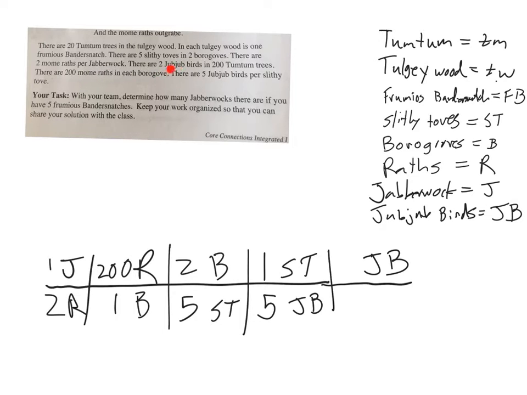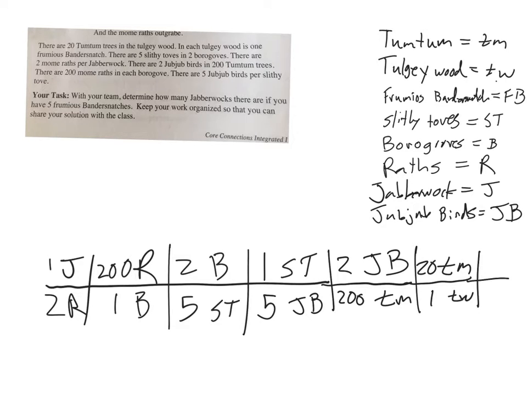There are 2 Jub Birds in 200 Tum Tum Trees. So 2 Jubs for every 200 Tum Tum Trees, and for those we said TM. Now I need TM on top. What do I know about Tum Tum Trees? There are 20 Tum Tum Trees in Tolgi Wood. So 20 Tum Tum Trees for 1 Tolgi Wood.